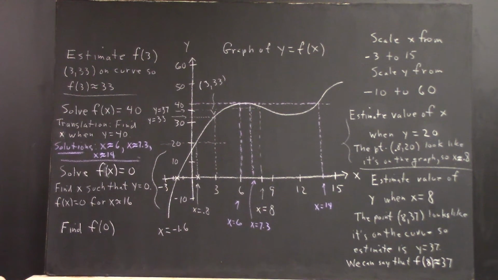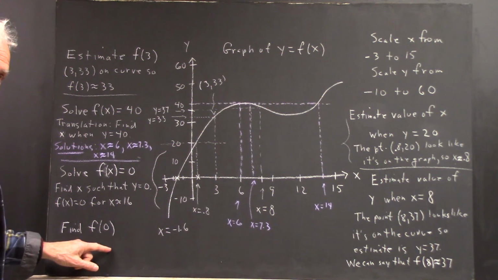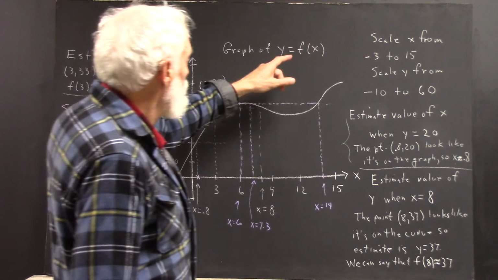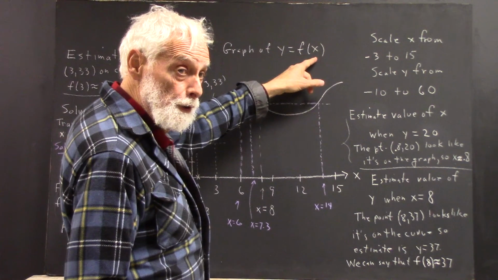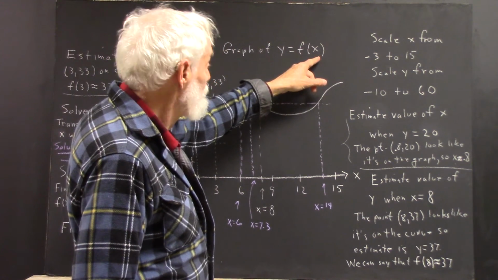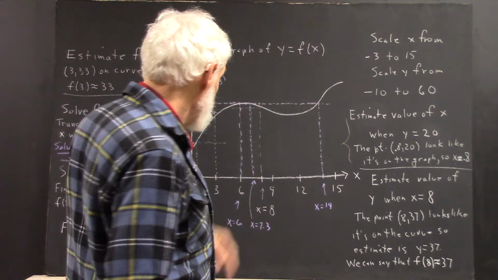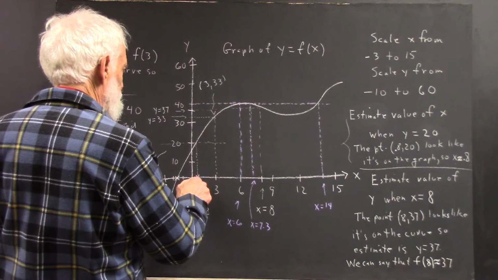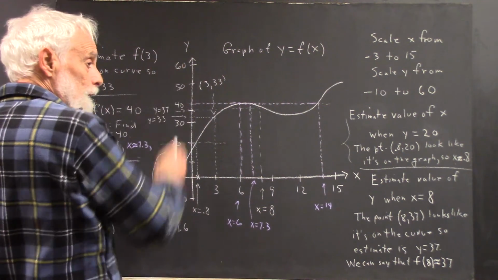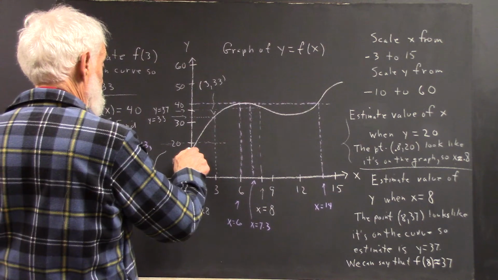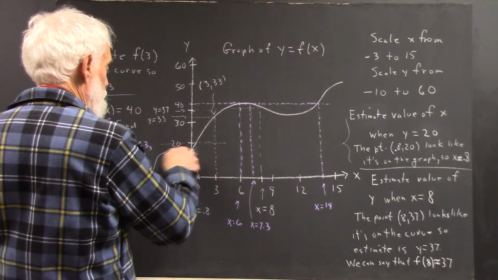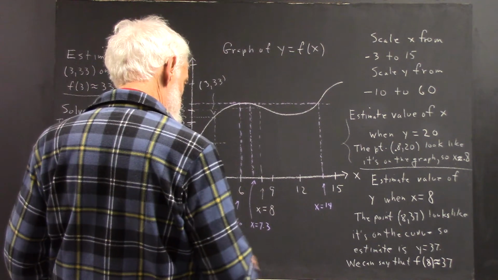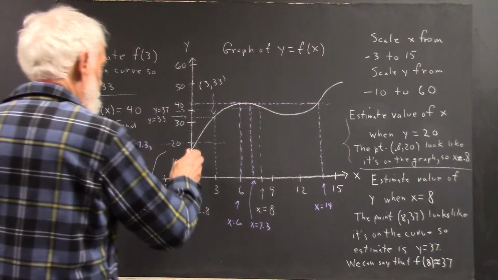And finally, find f of 0. Well, that means find y when x equals 0. F of 0 means the value of y when x is 0. The whole y-axis is the line where x equals 0, so that's going to be this point here. Things are getting a little busy, so I'll color code that.